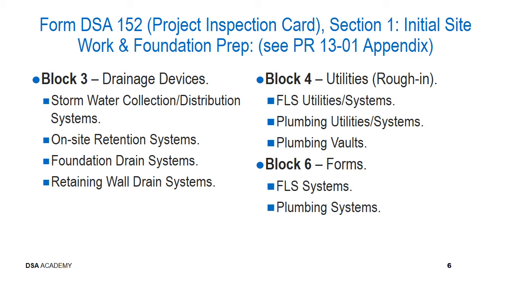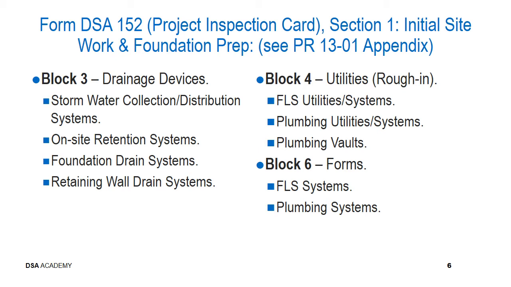Block 3 on the inspection card includes drainage devices, and some possible plumbing related construction activities are stormwater collection and distribution systems, on-site retention systems, foundation drain systems, and retaining wall drain systems.